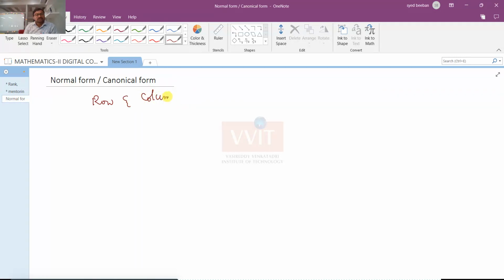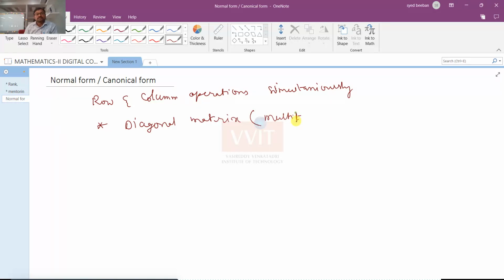Another major difference is that in the normal form I make it a diagonal matrix, especially a multiplicative identity matrix, whereas in echelon form we make it only an upper triangular matrix.